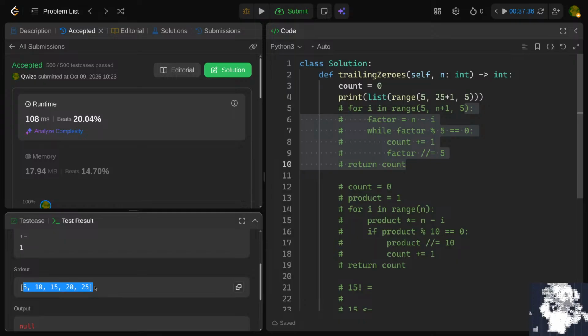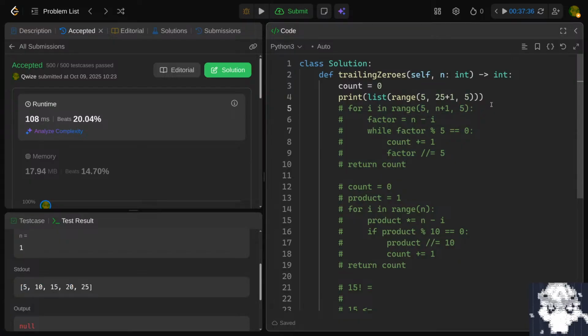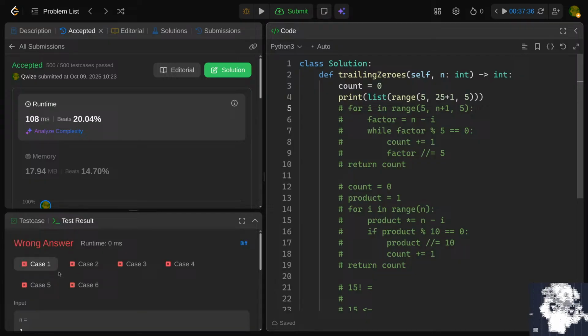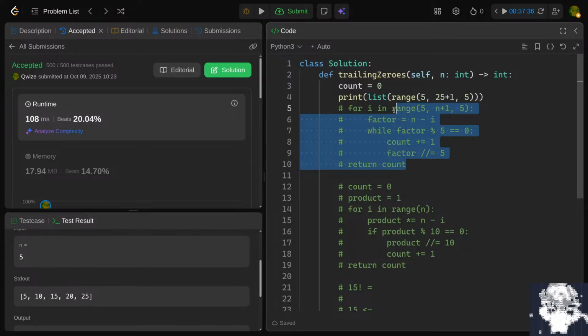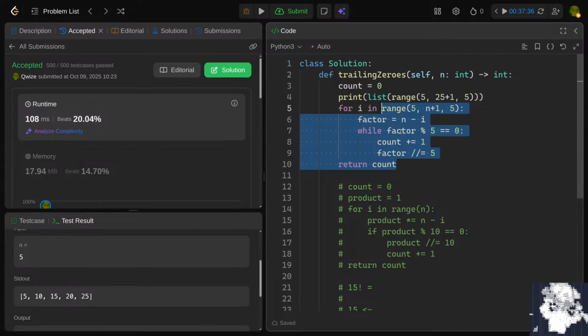That's what I want. Start at 5, jump by 5. Why doesn't this work?